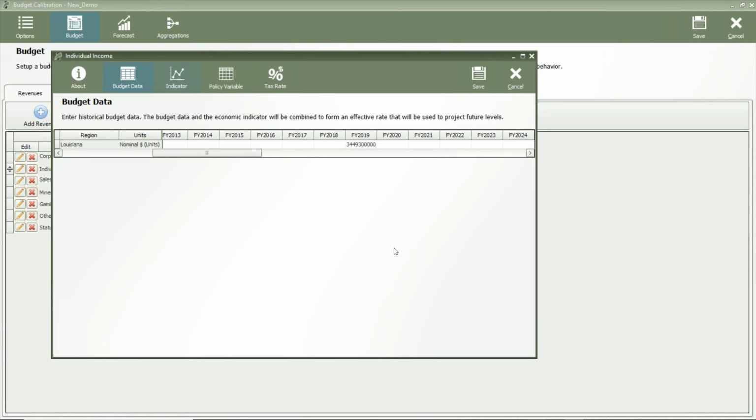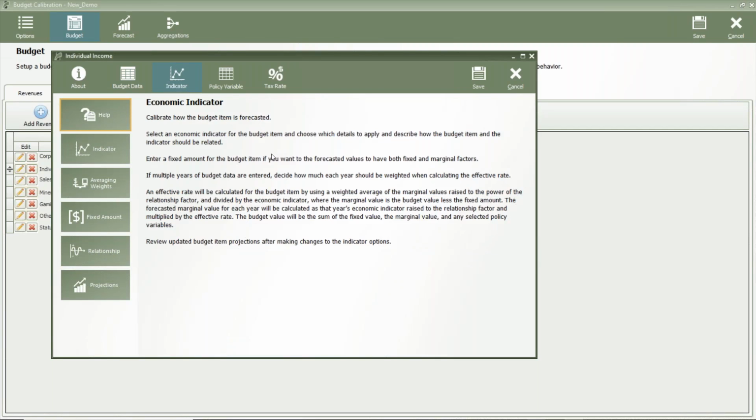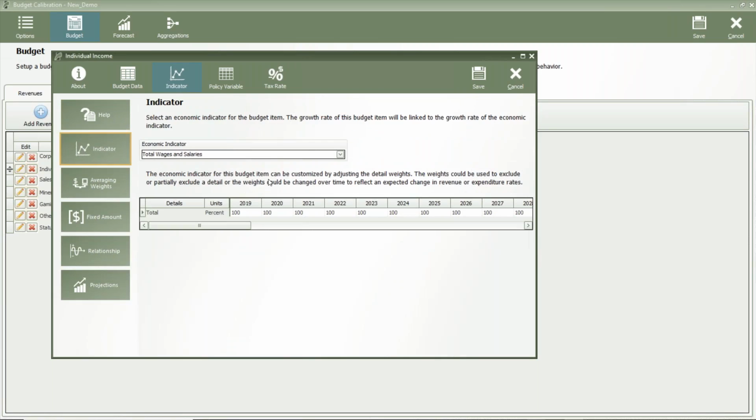So here you can enter the value that you have for the individual income revenue item, and then you can go to the indicator. So basically the indicator is related to the budget item. So the growth rate of this individual income will be linked to the growth rate of wages and salaries here.